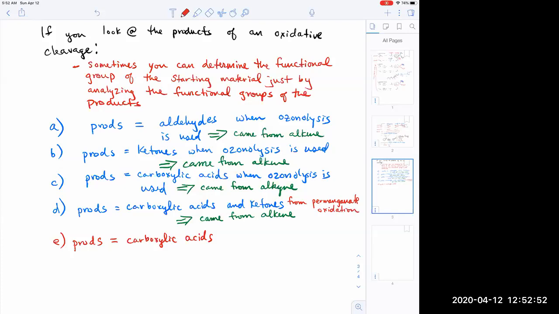Okay, if your products are both carboxylic acids when doing oxidative cleavage using permanganate oxidation. Now, that's the only one that you don't know for sure. It could be you started with an alkene, because alkenes can produce carboxylic acids. It could be that you had an alkyne, because those also produce carboxylic acids.